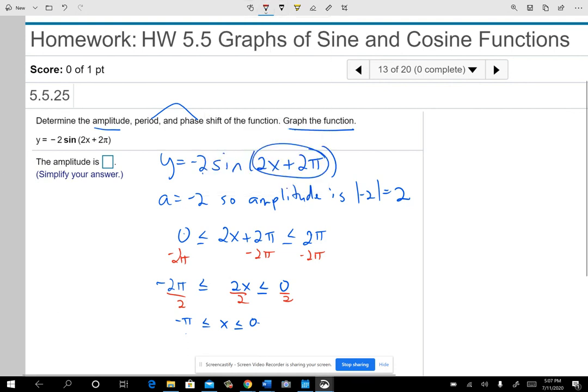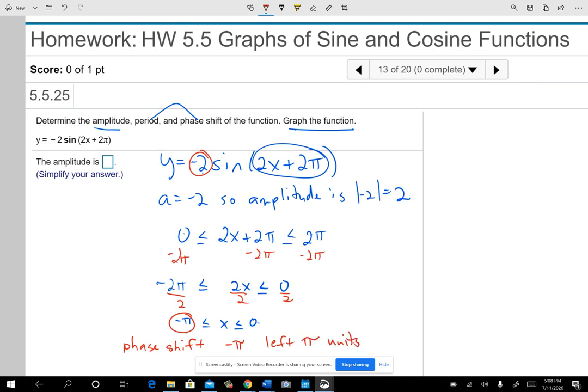So this was the amplitude, and this right here tells us the phase shift: it's going to start to the left π units.